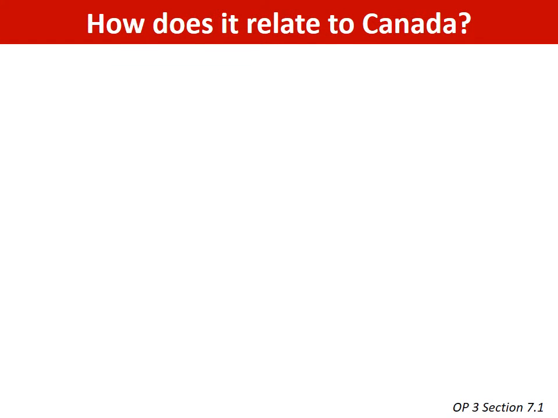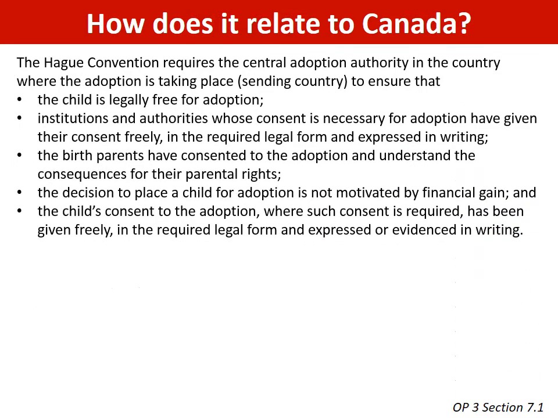So let's take a look at how this Hague Convention relates to Canada, and specifically in terms of adoption and immigration. You can see over here, this is all from OP3 by the way, that this convention ensures quite a few things on the side of the country that is sending the child to the other country.